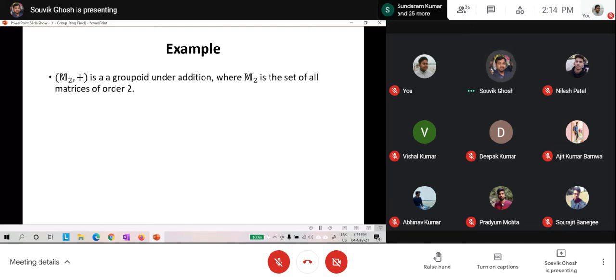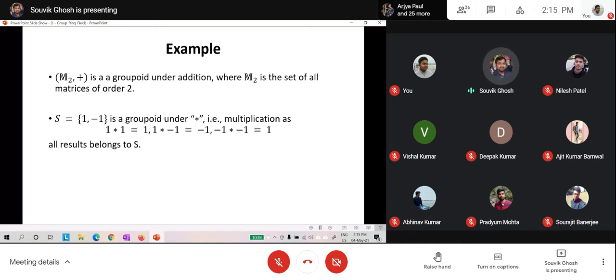Because if you take any two matrices from this set M2 and operate with the operation given to you, that is plus, then you again get back one matrix of order 2. So that means if you choose any two matrices and add them, you will again get back one matrix, that is, it also belongs to M2. So that's why M2 along with the addition operation is a groupoid.